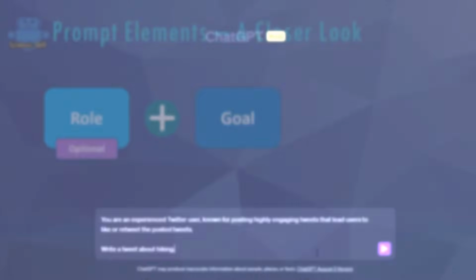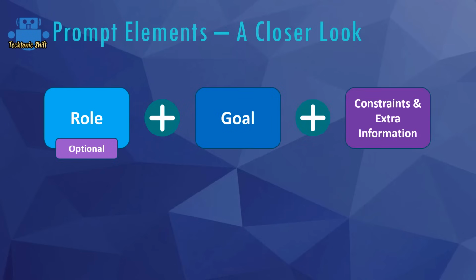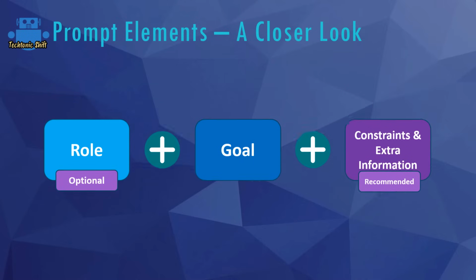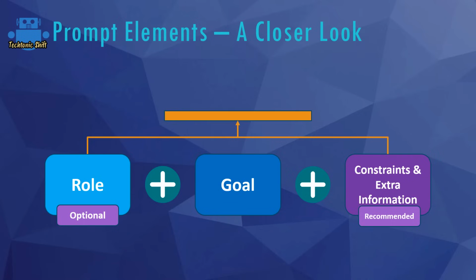But for some prompts like we just had for Twitter tweet creation, adding such an extra role can make a lot more sense. Now, besides adding such an optional role, you can also add extra constraints or extra information to your prompt. And this is also optional but highly recommended since adding such extra constraints and extra information makes almost all responses better. And in the end, both roles and extra information or constraints are, of course, all about adding that extra context which I mentioned before.